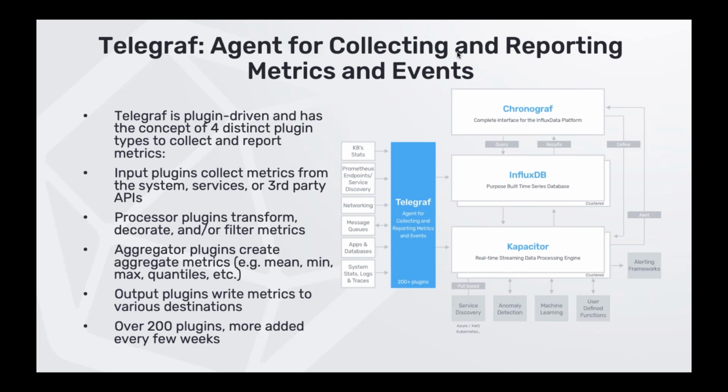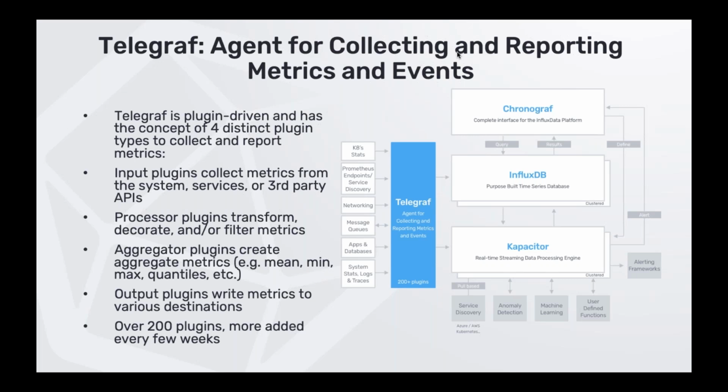It'll pull things like your Kubernetes stats, Prometheus endpoints and service discovery, your networking setup, message queues from your apps and databases, and system stats, logs, and traces, as well as, like I said, over 200 third-party APIs. With these 200 plugins built in, it's the most complete plugin framework in the world. It makes us the most deployable option out there for cloud and cloud native architecture, because it combines your cloud metrics and events with those legacy metrics and events that you want to collect, giving you full stack monitoring.